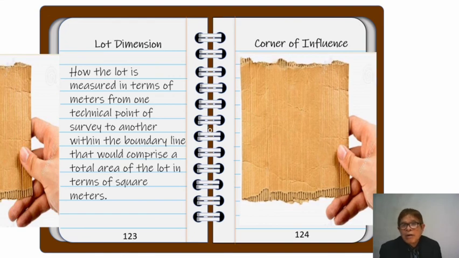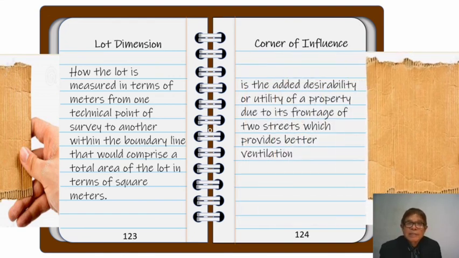And what is corner of influence? It is the added desirability or utility of a property due to its frontage on two streets, which provides better ventilation. In short, we call it corner lot.